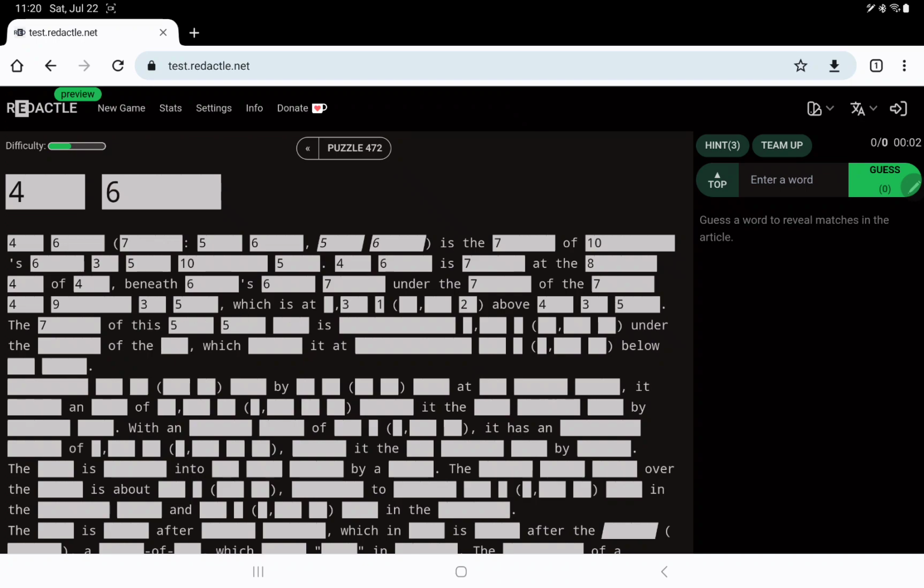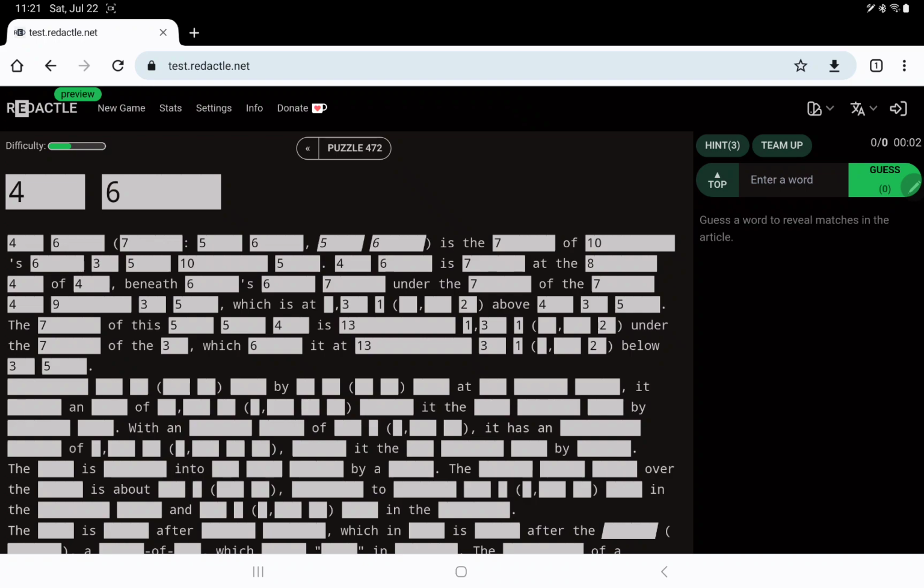The 7 of this 554 is approximately so many thousand meters under the 7 of the 3, which places it at approximately so many 100 meters below sea level.